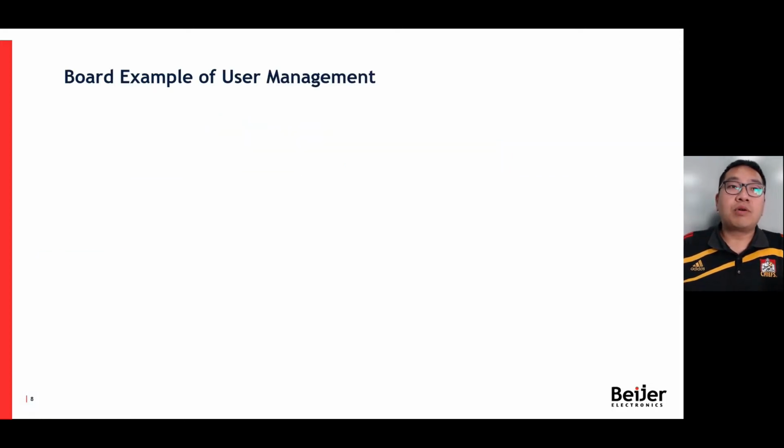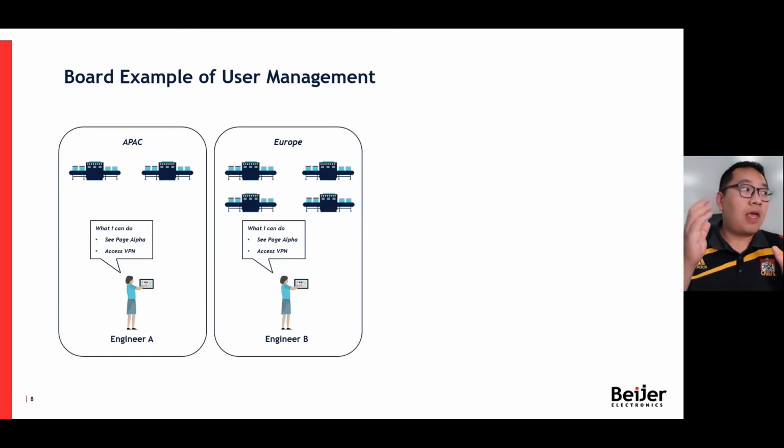A broad example of user management in this case would be, let me bring out the laser pointer. We have the APAC group, and then we have the Europe group.